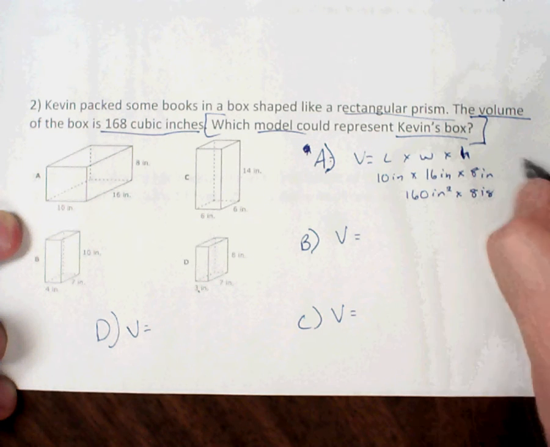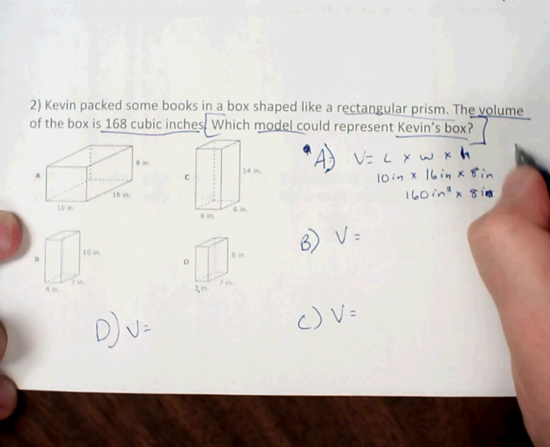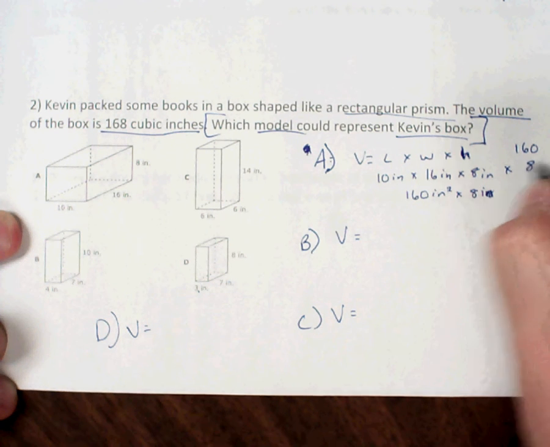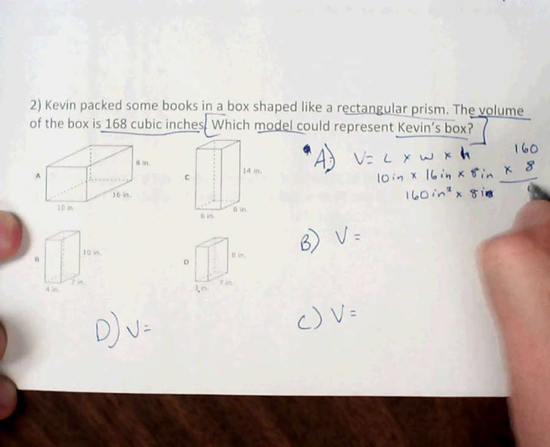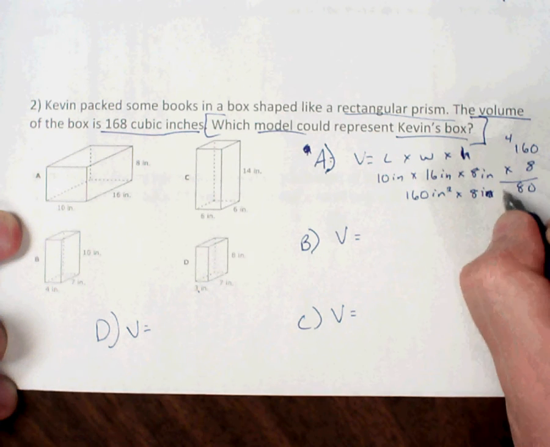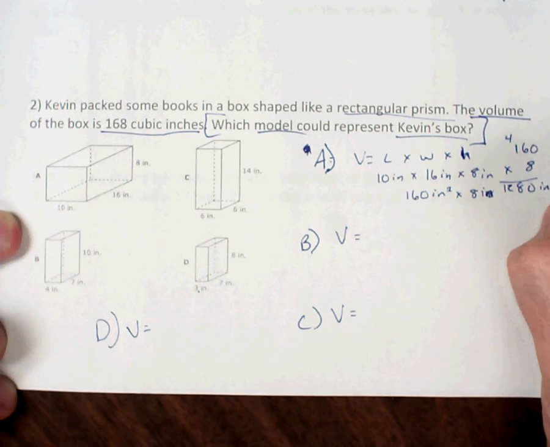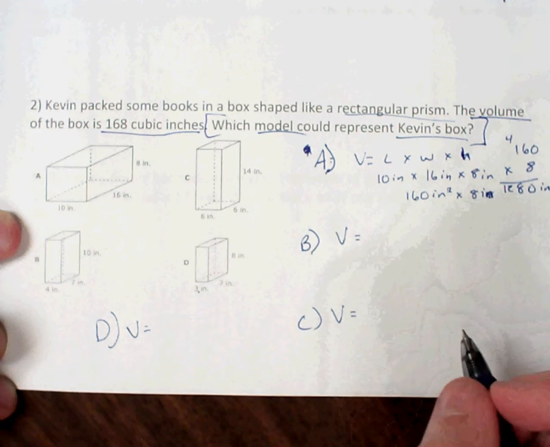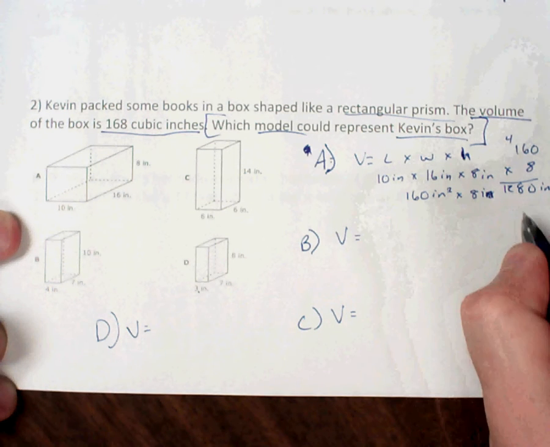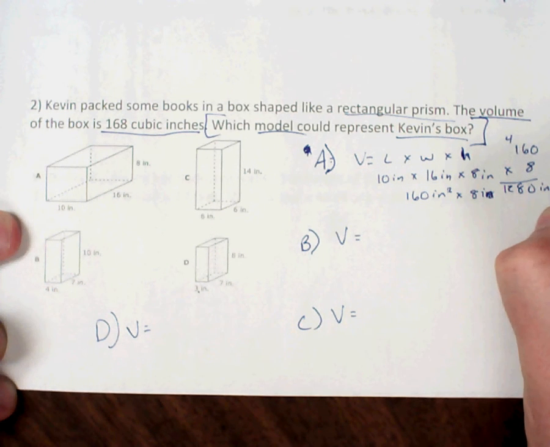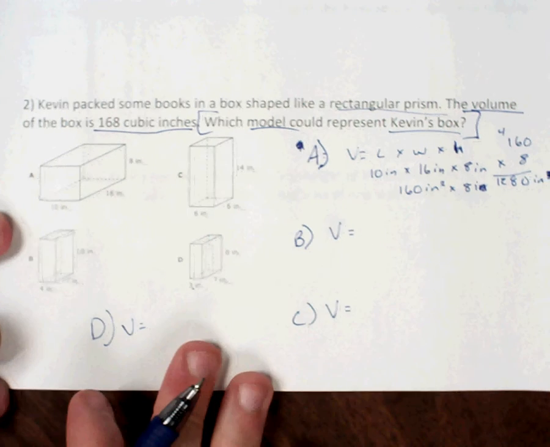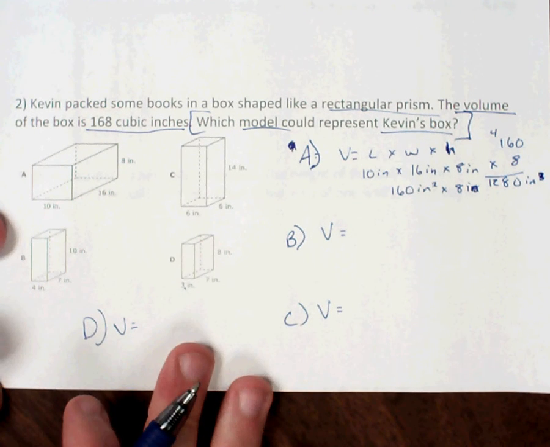I can just do that off to the side. 160 times 8. So that gives me 1,280 cubic inches. Sorry, that should be a cube, not a square. 1,280 cubic inches. All right, so A is not going to work.